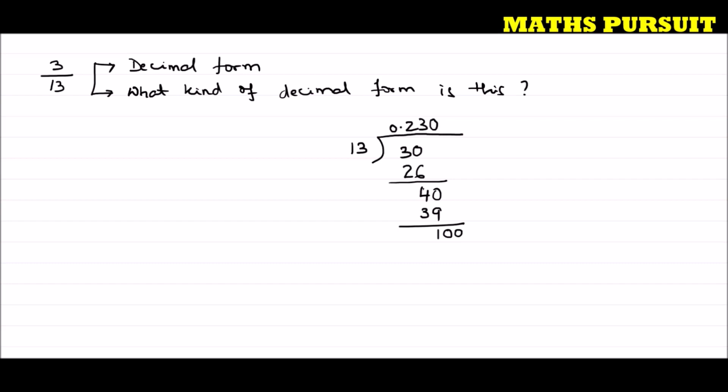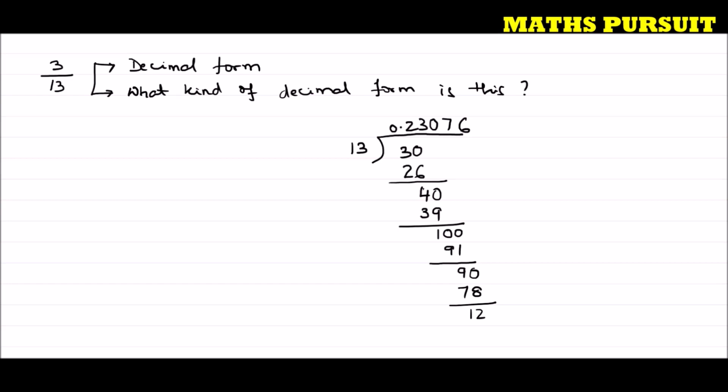So we got the remainder as 100. Now here we have 13 7s are 91, and we are getting a remainder of 9. I can add one more 0 here and I can write 13 6s are 78, and we are left with 12.